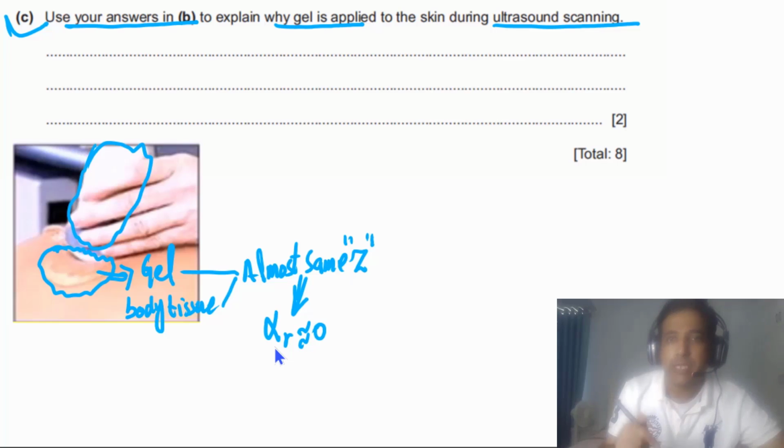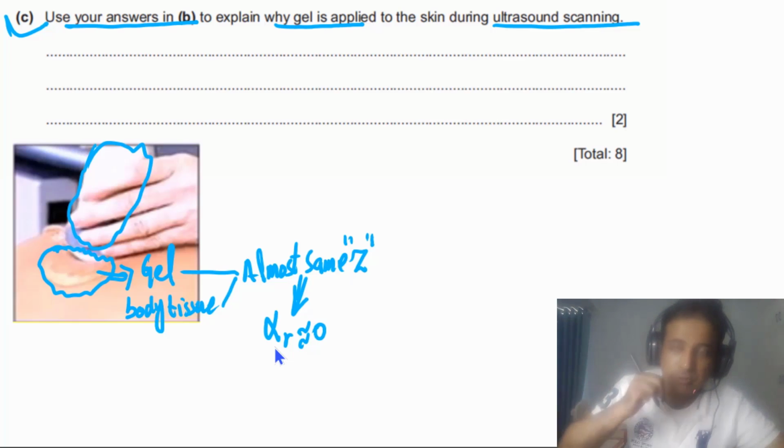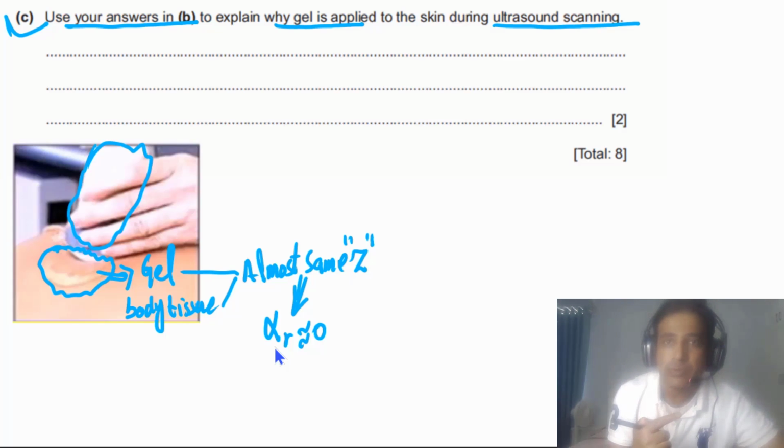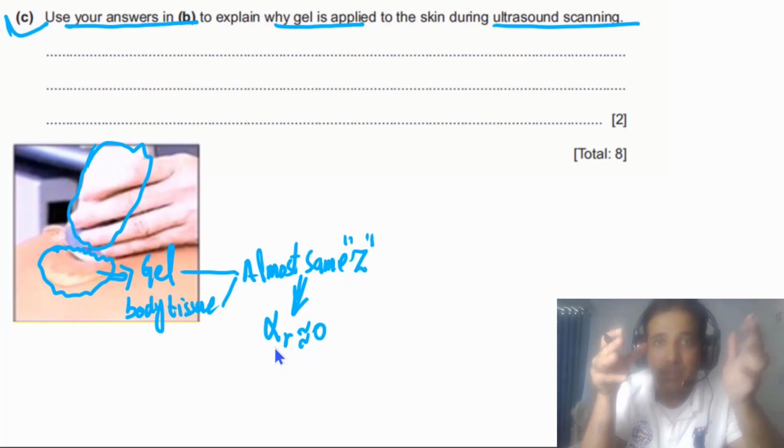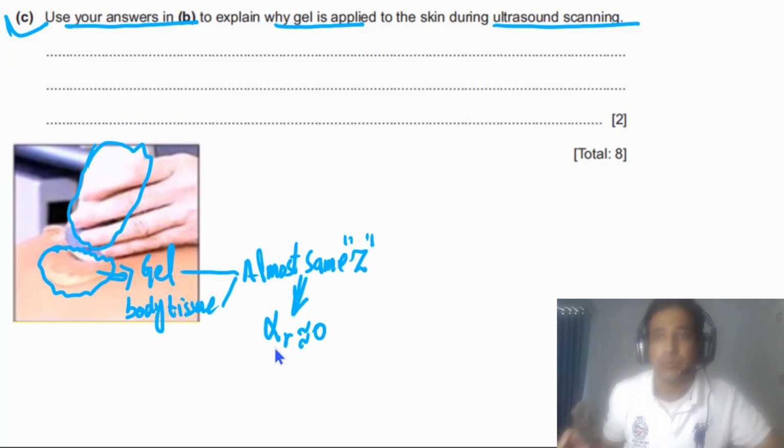So it simply means that most of the ultrasound will enter the body of the patient and contribute to image formation, and we can have a better image and we can easily see details of the parts inside the body. So these are the points we need to understand, and this question has 2 marks.